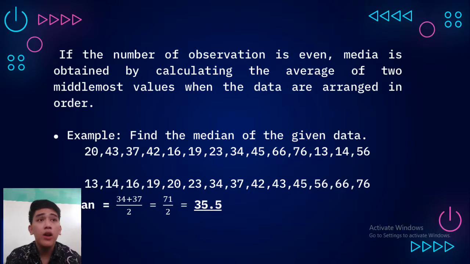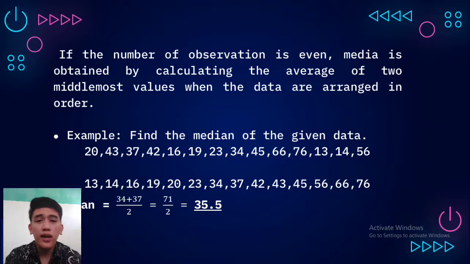Okay, example. Find the median of the given data: 20, 43, 37, 42, 16, 19, 23, 34, 45, 66, 76, 13, 14, and 56. Arranging the data in ascending order, we will have 13, 14, 16, 19, 23, 34, 37, 42, 43, 45, 56, 66, and 76.